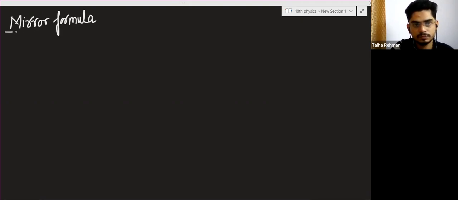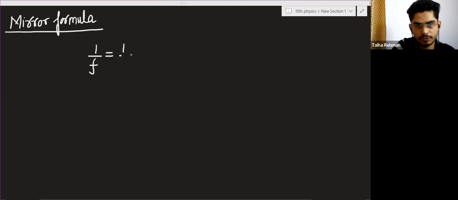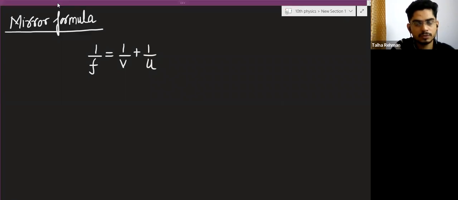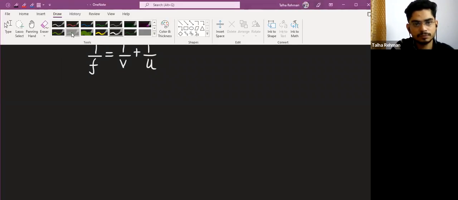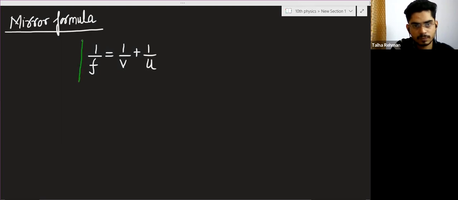Mirror formula is 1 upon f equal to 1 upon v plus 1 upon u. This is the mirror formula. Very, very important formula. Please learn this formula.